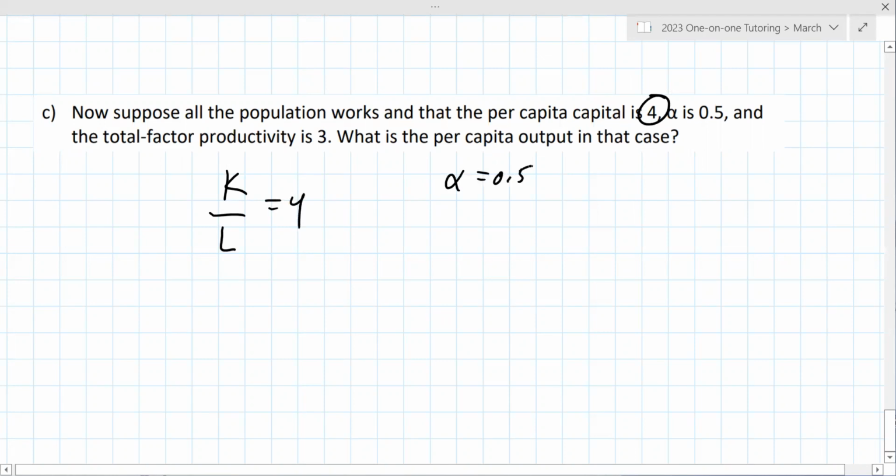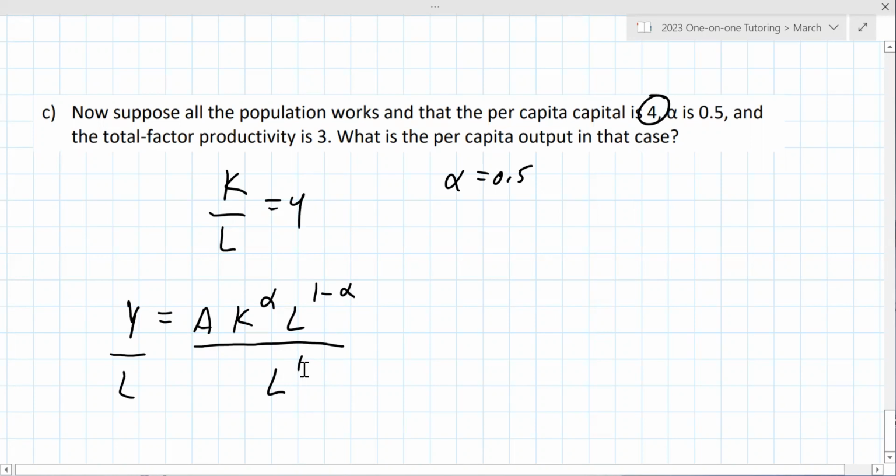So there's a few ways that you can do this. The way that the solution shows is you take the Y that you've been using, A, K to the alpha, L to the 1 minus alpha, and you divide it by L. When you divide it by L, you have to remember these exponent rules. You take 1 minus alpha, subtract 1, and you get minus alpha.